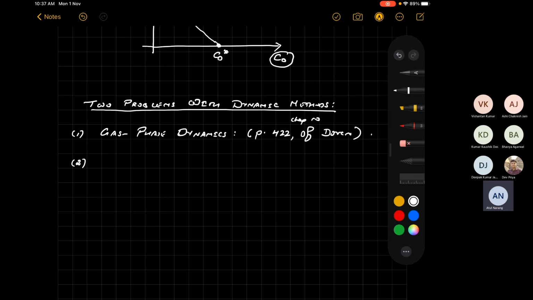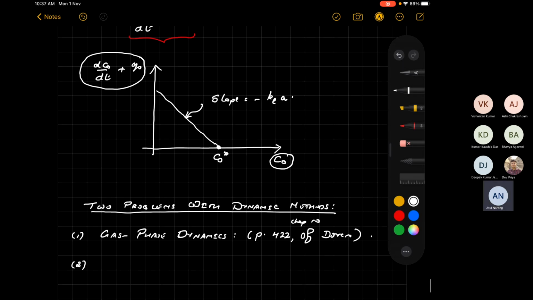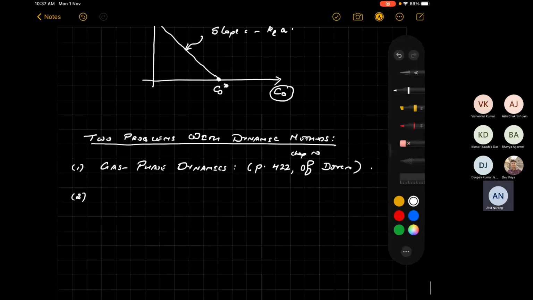The second problem is basically time lag, or maybe I should say response time of the DO probe.